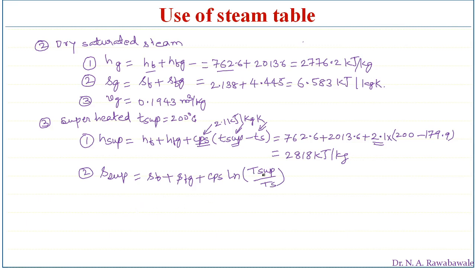So here Sf value we know, that is 2.138 plus Sfg value is 4.445 plus Cps value is 2.1 into natural log temperature of superheated steam in degree Kelvin.